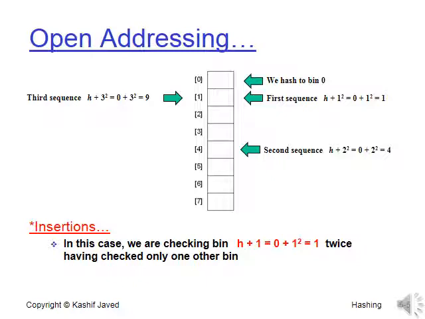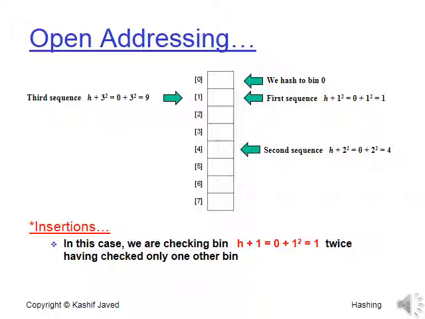Second sequence will be bin h plus 2 to the power square, which equals 4, since h is 0. And the third sequence will be h plus 3 to the power square, which equals 0 plus 3 to the power square, which equals 9, which equals 1, again if we apply wraparound.